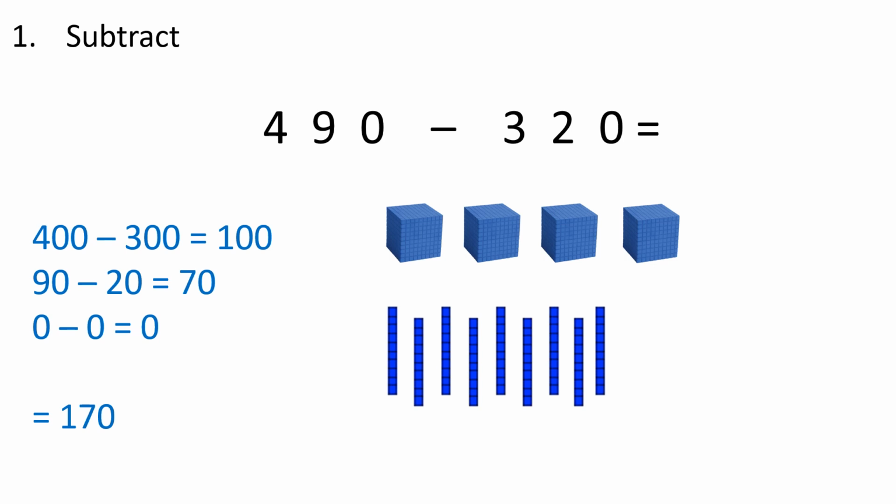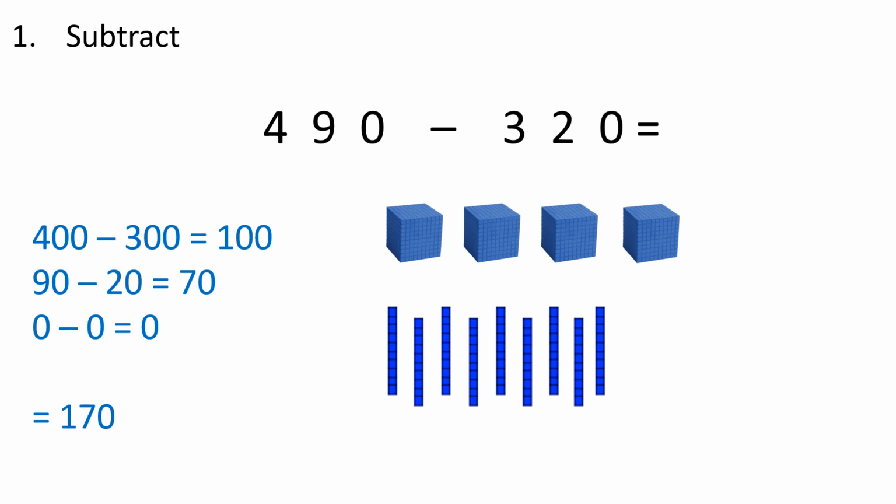Now, this might look a little bit tricky because we're not necessarily used to numbers that have hundreds in them. But once we use some base 10 to help us, I think we'll find that we can solve this one together. So just like when I'm subtracting two two-digit numbers, I subtract my tens first, then I subtract my ones. Today, we're going to start by subtracting our hundreds.